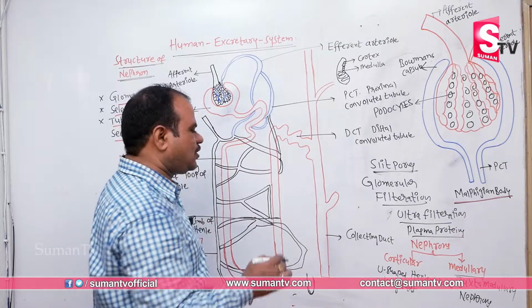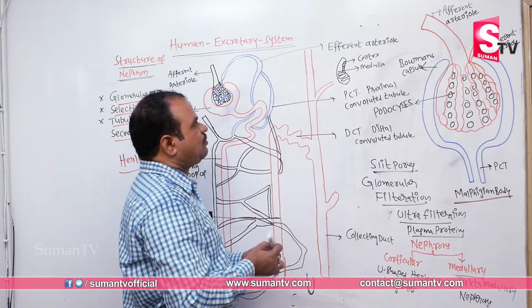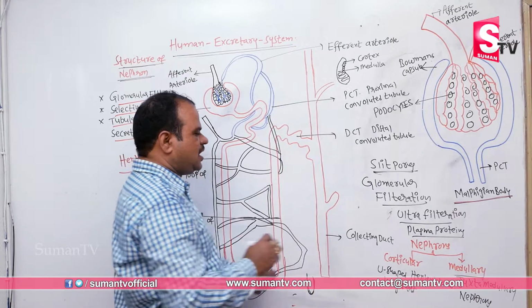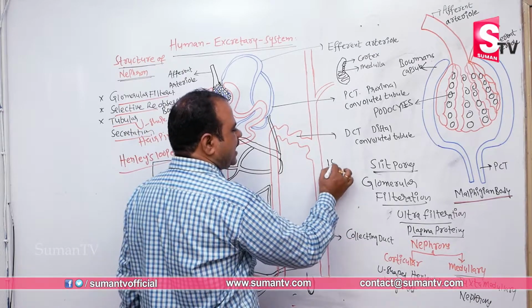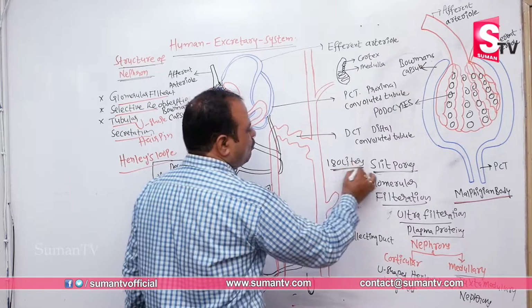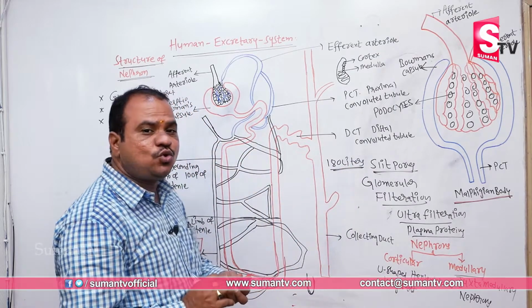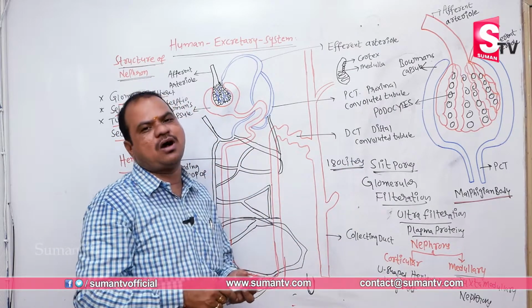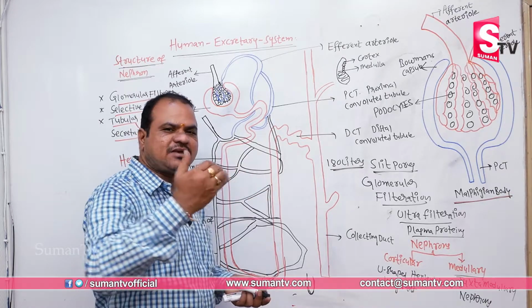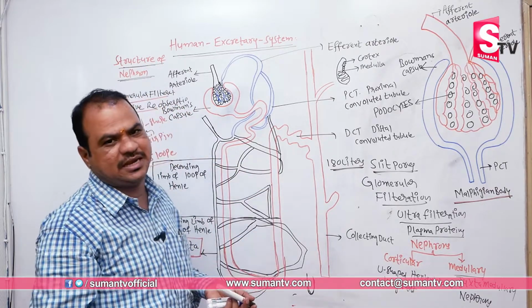After completion of the glomerular filtration, in our body approximately 180 liters of primary urine will be formed. But we are unable to excrete 180 liters of urine.